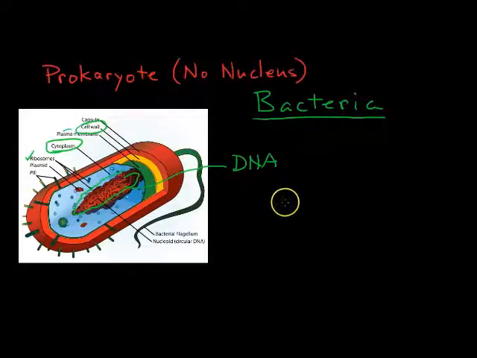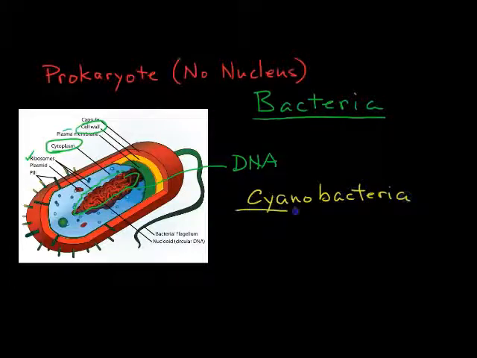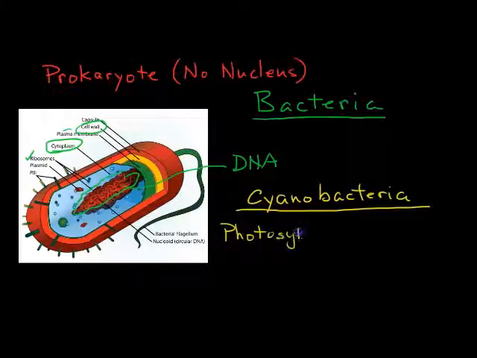But the most famous form of prokaryote and the most famous type of bacteria is none other than something called Cyanobacteria. And this guy is kind of an all-star. Cyanobacteria is photosynthetic. In other words, it did photosynthesis.